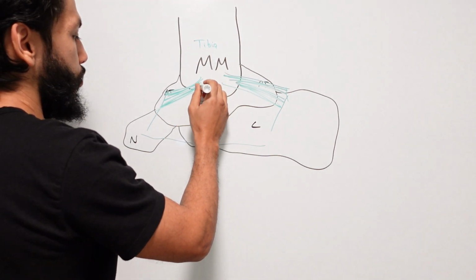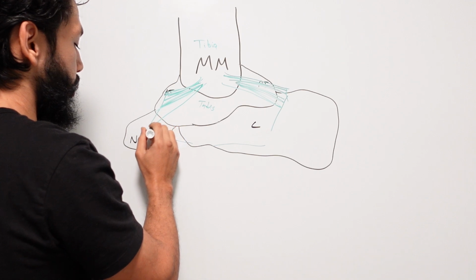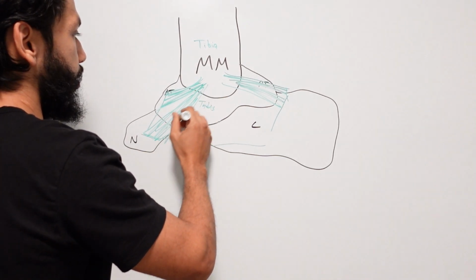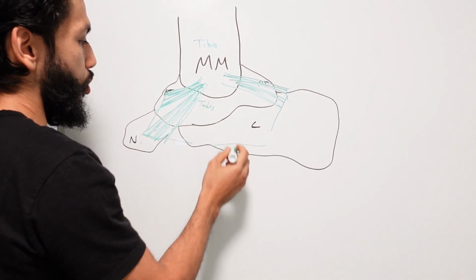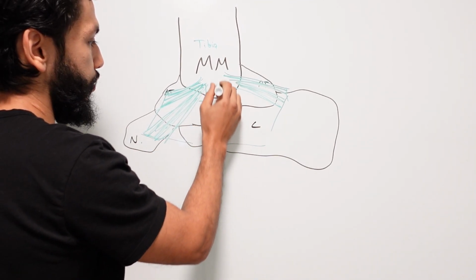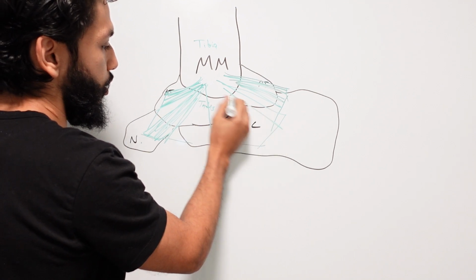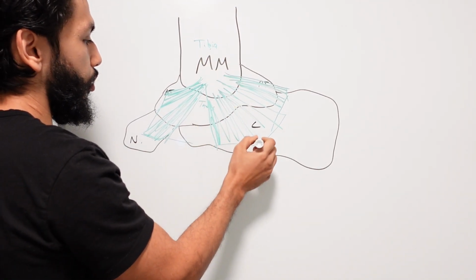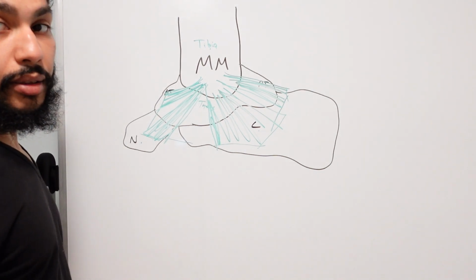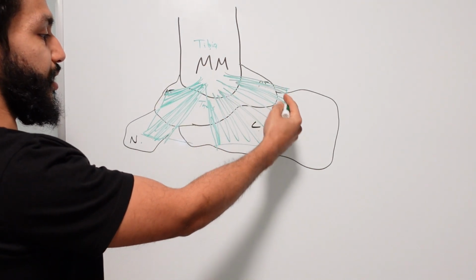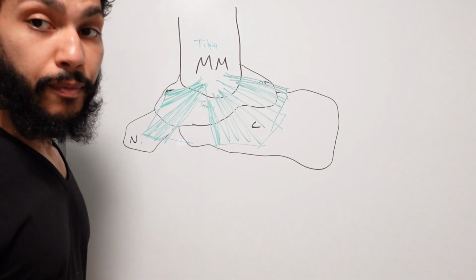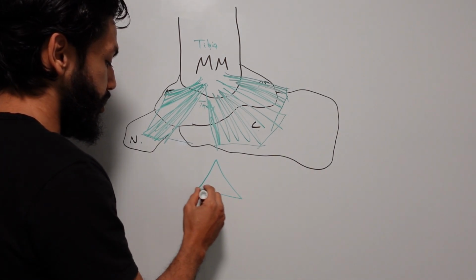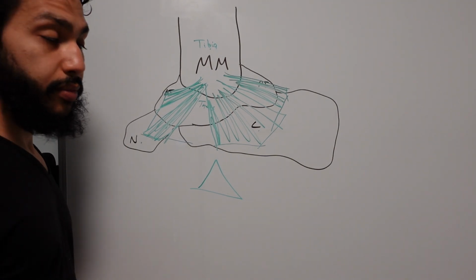Then we're going to have one portion which goes from the tibia to the navicular bone right here. This is going to be the tibio-navicular portion of the ligament, and then the rest of it, which runs down here to go into the calcaneus, right? So this is going to be our tibio-calcaneal portion of that ligament. Altogether, this is known as the deltoid ligament. That's another name that you may find for it, because deltoid refers to delta, which is the triangle shape.